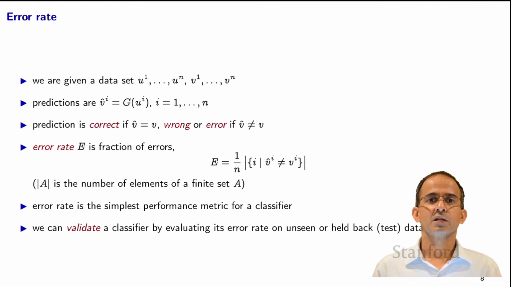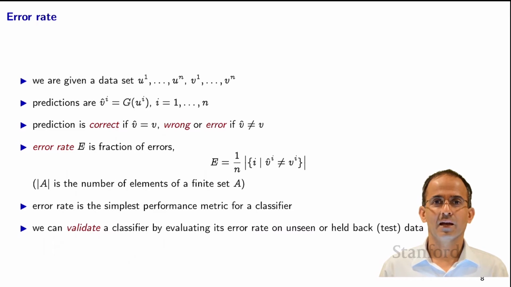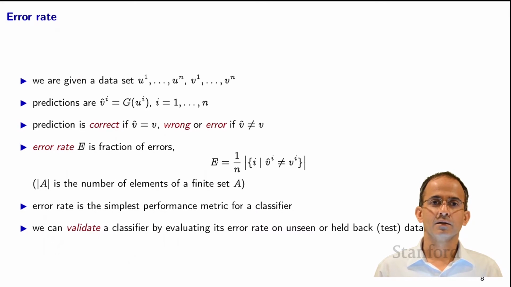When we're measuring the performance of a classifier, there's a very natural performance metric that is probably the most commonly used, and that is the idea of the error rate. So if we have a data set with U1 through UN and V1 through VN, so we have n records.